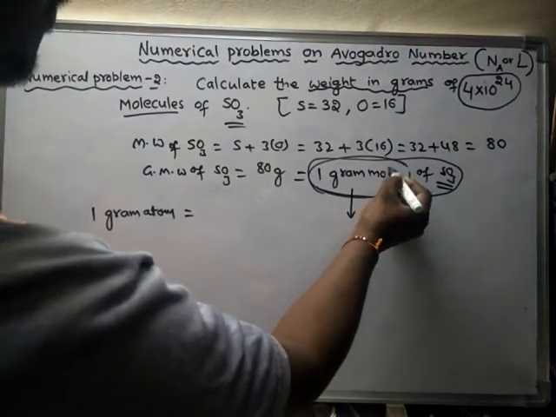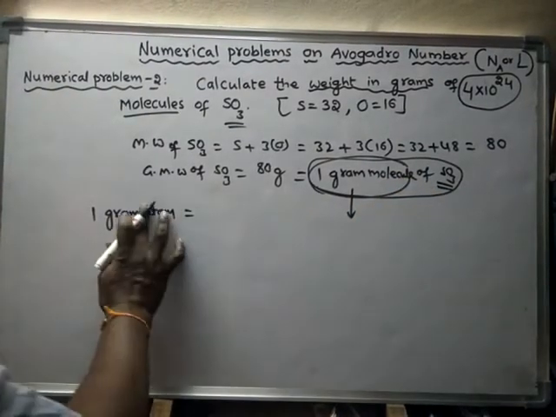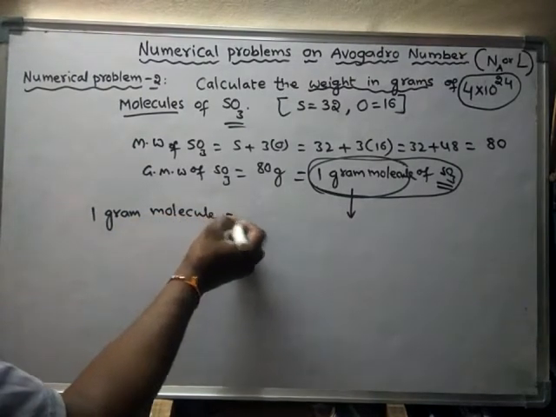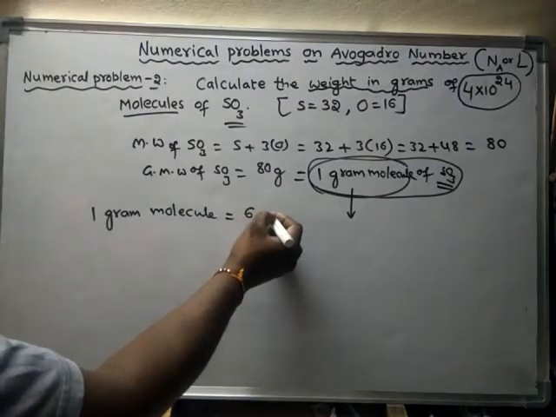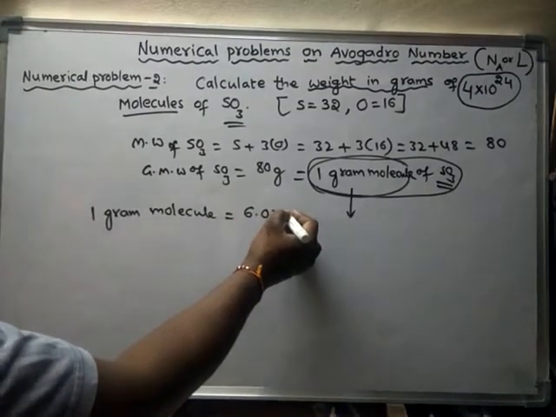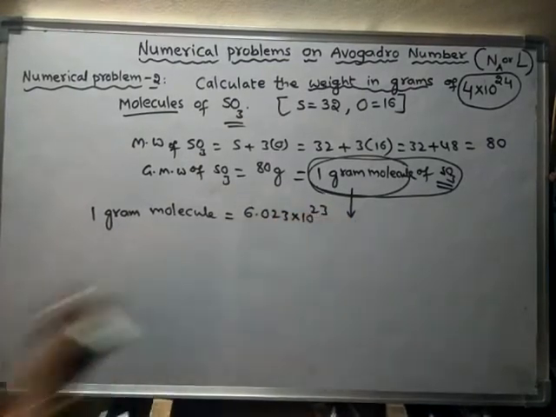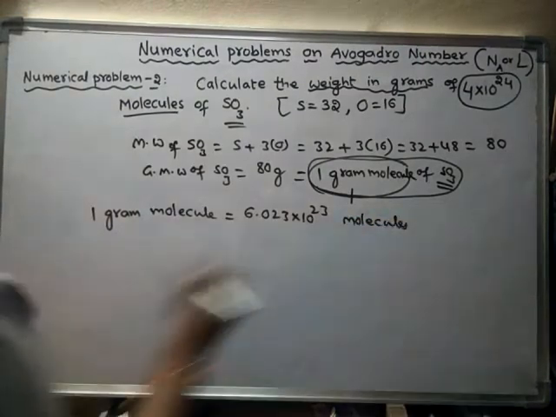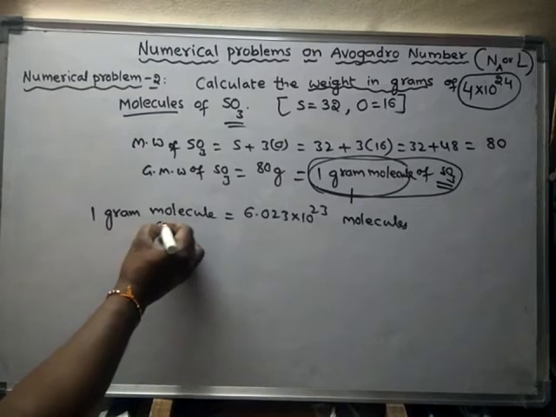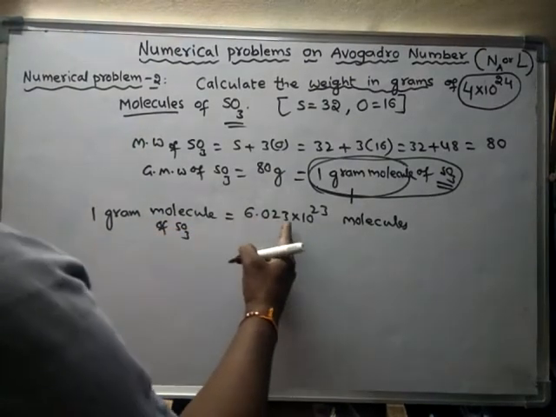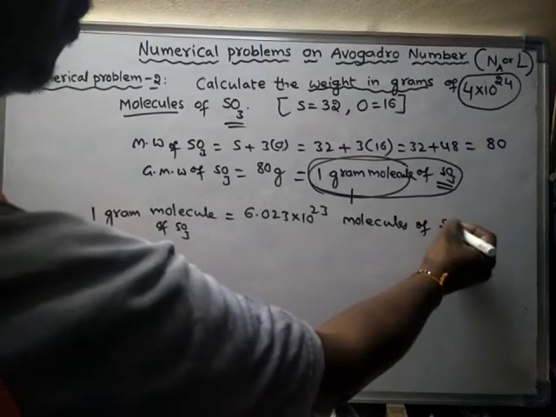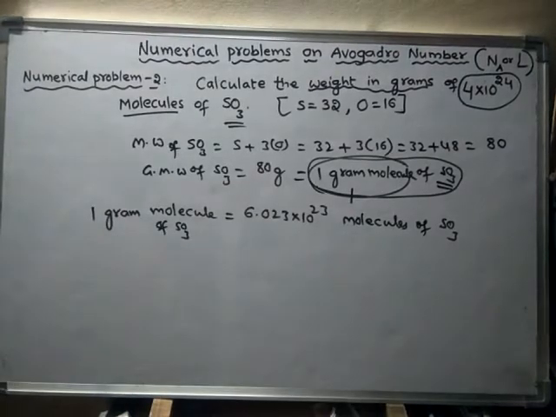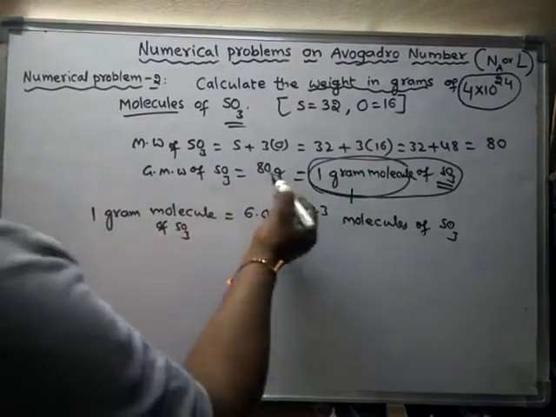So 1 gram molecule always contains 6.023 into 10 to the power of 23 molecules. 1 gram molecule of SO3 means 6.023 into 10 to the power of 23 molecules of SO3, and 1 gram molecule is equal to 80 grams.